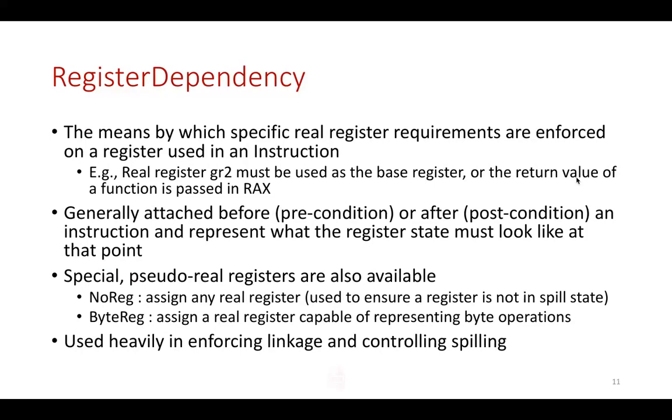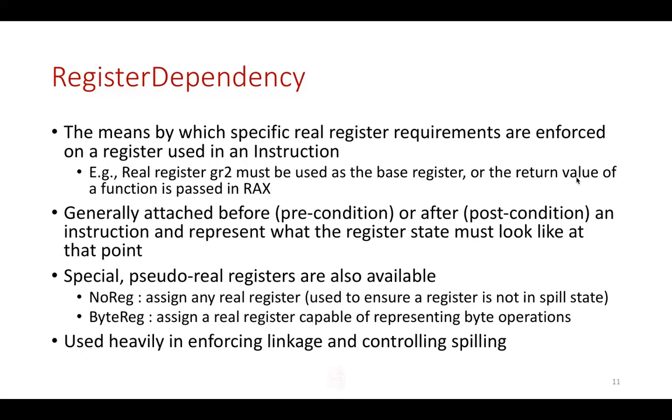So what you're really doing is telling the register assigner these are the conditions that must be true before and after you assign the registers for this instruction. So we've got the notion of preconditions, the state that has to be true before the instruction, and then postconditions, the state that must be true after an instruction. Typically for every instruction, and I know it's true in x86 and Z, I'm not 100% sure if it's true in Power and ARM yet, almost every instruction you can hang a register dependency on.